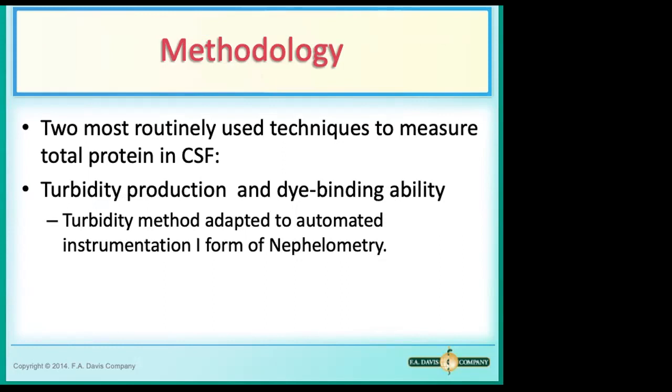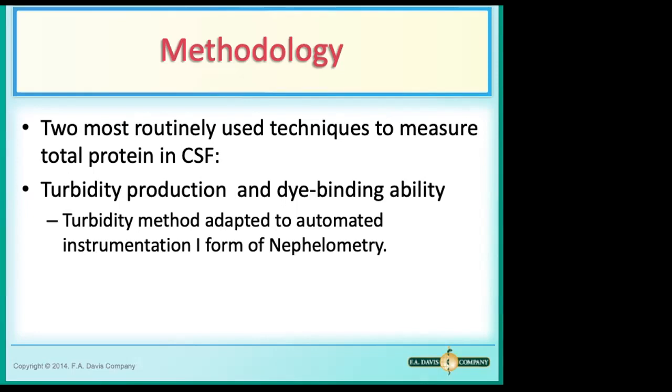Methods for measuring CSF protein are available for most automated chemistry analyzers, so you can do this determination by automation, and you can find it in most labs. Most of the automated chemistry analyzers will have a CSF protein panel.